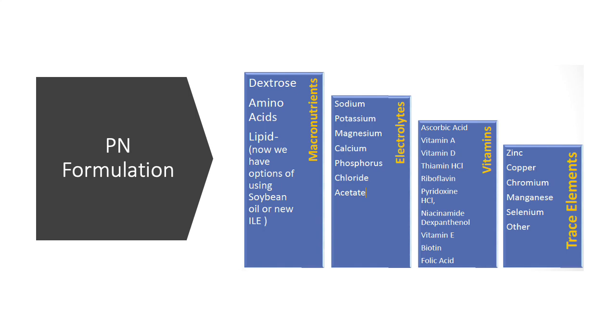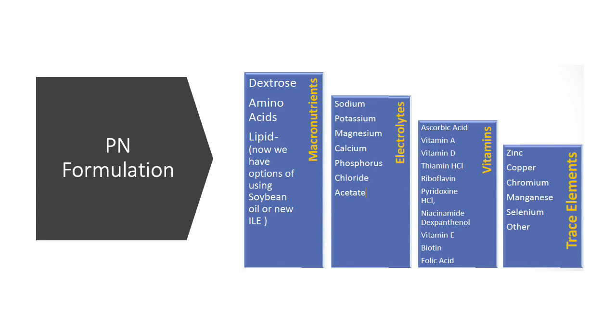Now we're going to move on to the components of PN. Chapter 4 discusses this more in your ASPEN Parenteral Nutrition Handbooks, but PN is composed of the macronutrients, which is your dextrose, your amino acids, and your lipids. You have your electrolytes, so sodium, potassium, magnesium, calcium, phosphorus, and then these can be given most often as chloride or acetate.